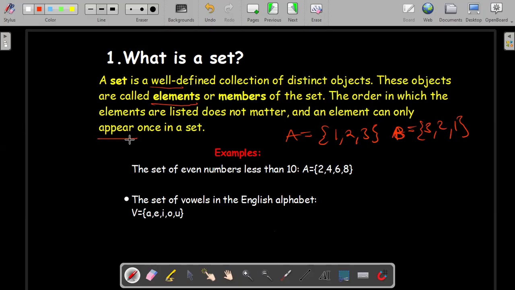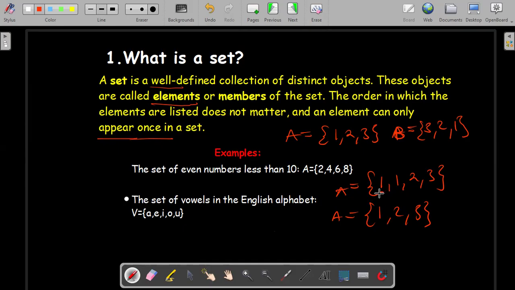Then, the elements in the set have to appear only once. What do I mean? When you have a set A with the elements 1, 1, 2, and 3, when we're writing it, we just write the set as 1, 2, and 3, because a repeating element is just counted as one element.